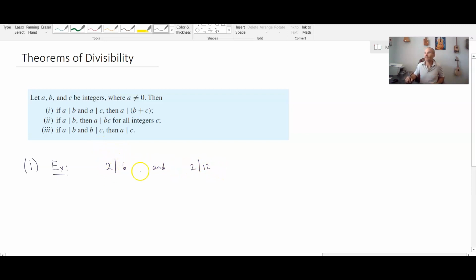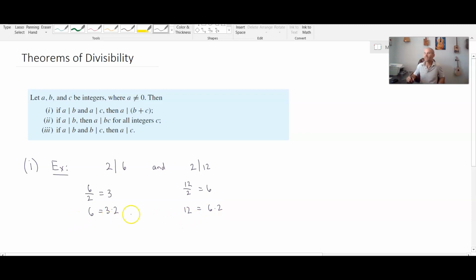So if 2 divides 6 and 2 divides 12, well, one way we could write this is we can say that 6 divided by 2 is equal to 3, which is analogous to saying 6 is equal to 3 times 2. Over here, we can say that 12 divided by 2 is equal to 6, which is analogous to saying 12 is equal to 6 times 2.